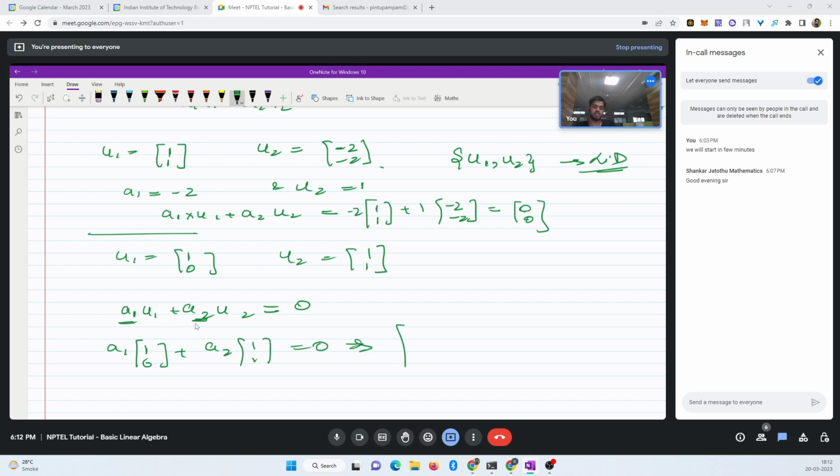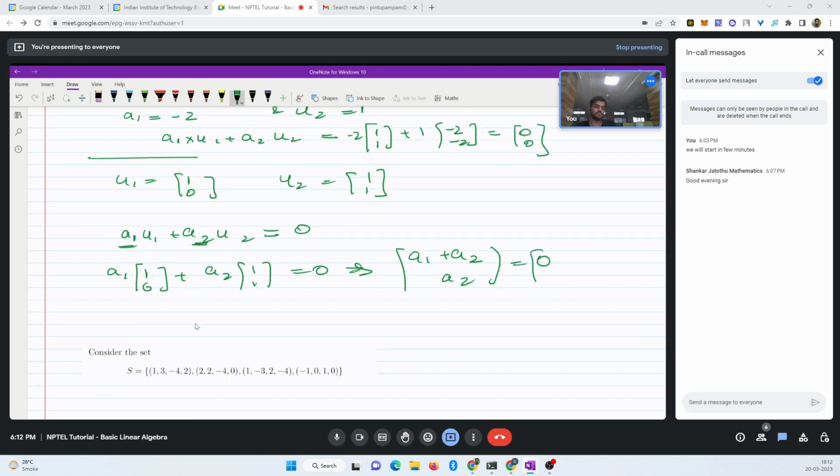This implies a1 plus a2 in the first component, and only a2 in the second, is 0. Comparing the second component, a2 must be 0. Putting this in the first equation, a1 plus 0 is equal to 0, so a1 is equal to 0.